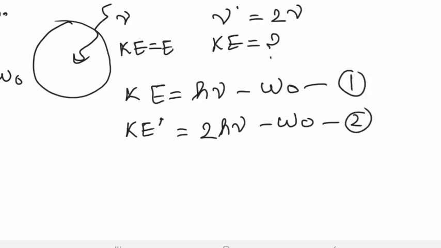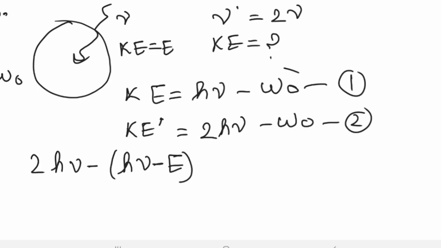Now when we put the value from equation 1 into equation 2, we come to know that twice h nu minus the work function will be equal to KE dash.